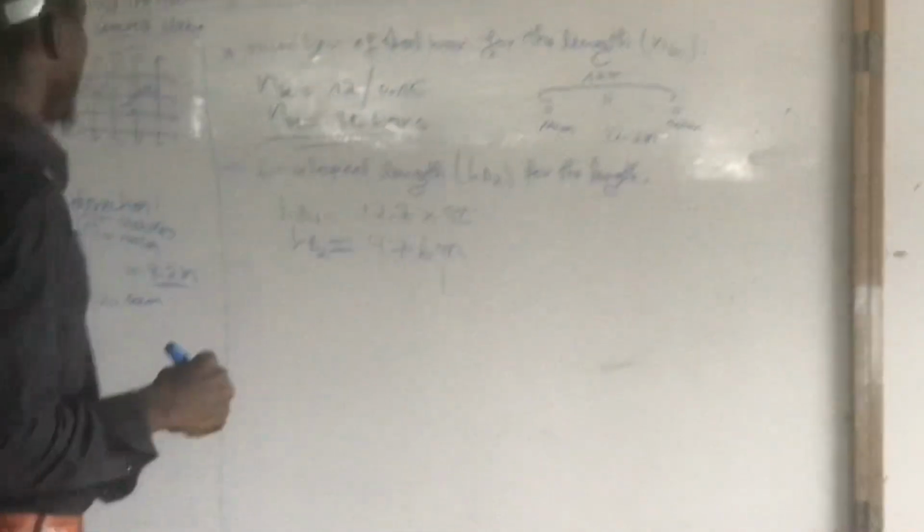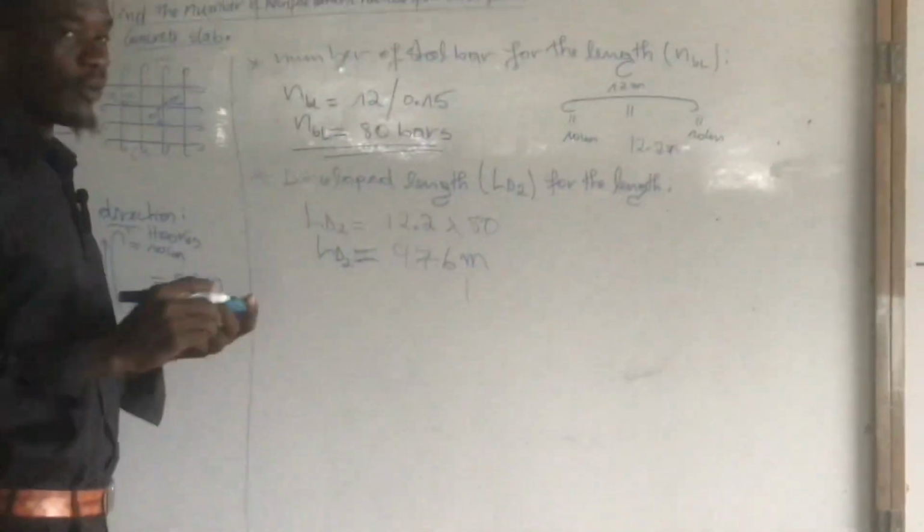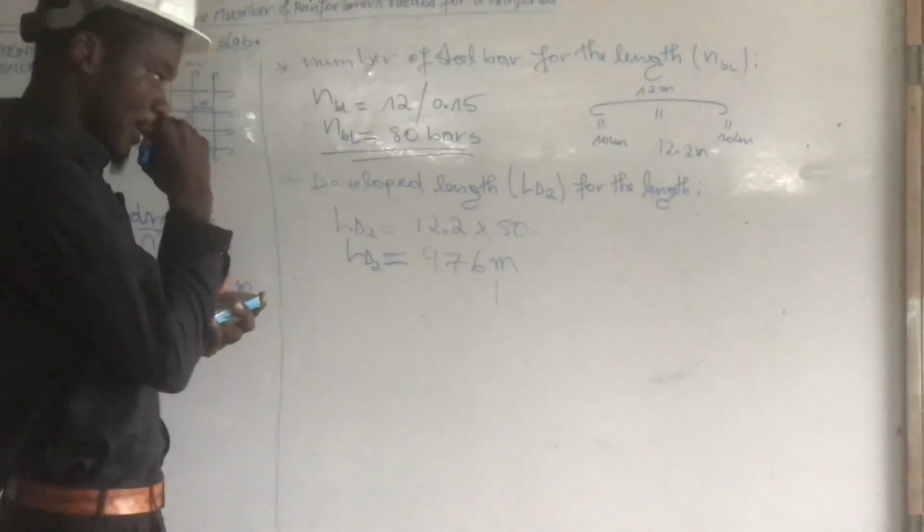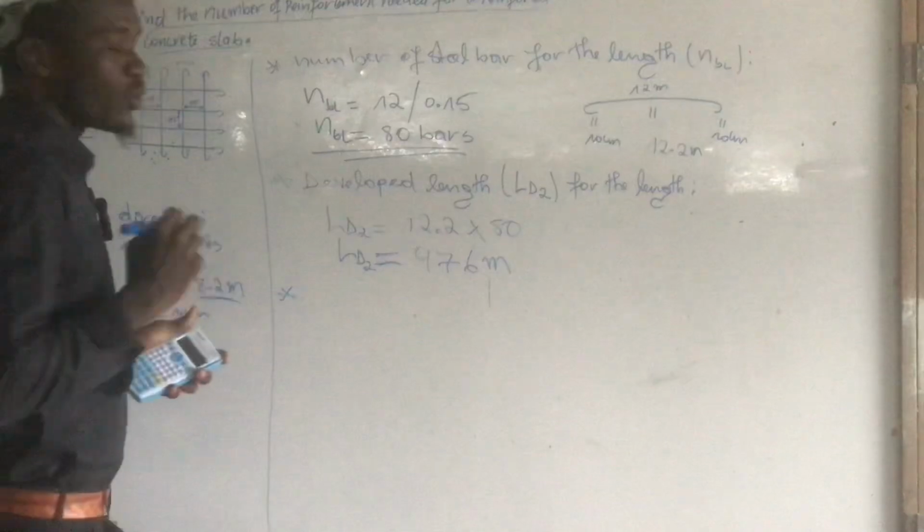So we have the developed length of the reinforcement for the length and for the width. So we'll find the total developed length.